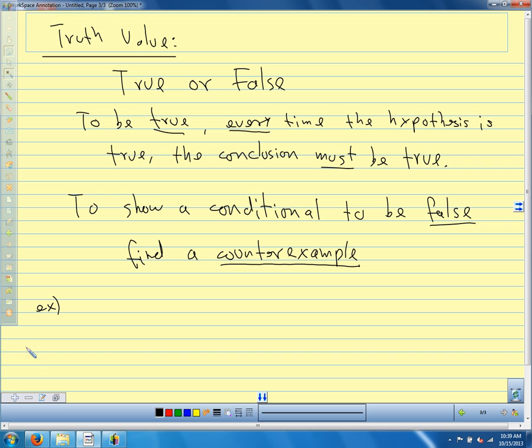So let's look at the truth value of this conditional. If you live in Miami, then you live in Florida.